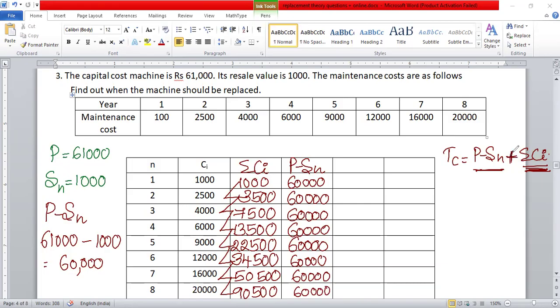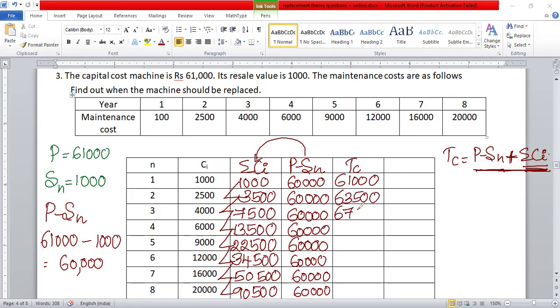Look at that, the middle plus value. So what should we add? P minus S of N plus summation of CI. We should add it. That is called total cost. So the first one, 60,000 plus 1,000, so 61,000. Similarly, 63,500.